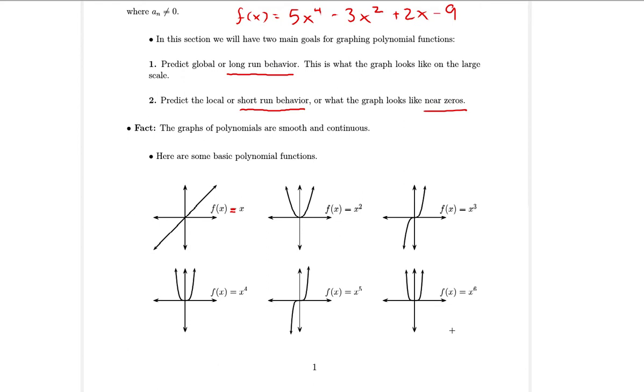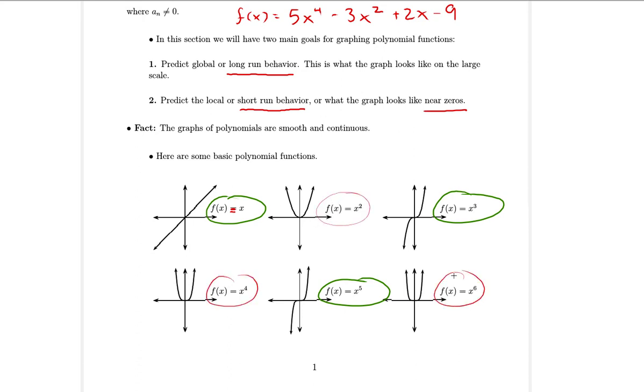Notice that every time the power is odd, when x is negative, the y is negative, and when x is positive, the y is positive. Whereas with the evens, the y values are positive and get really big no matter what the x values are, positive or negative.